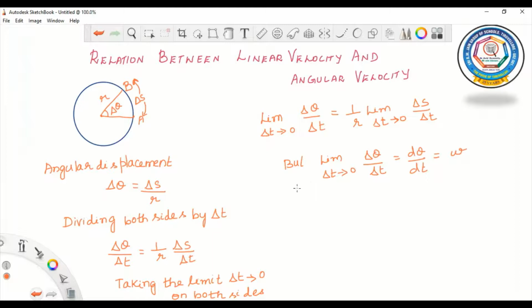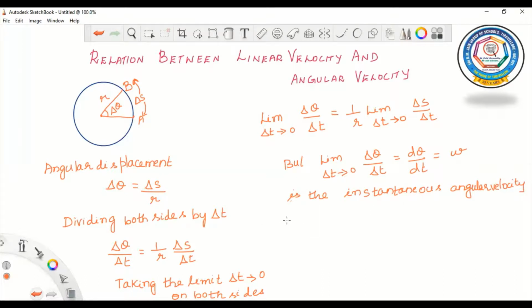So this is the instantaneous angular velocity because del t tends to 0. At the particular instant, what is the angular velocity?